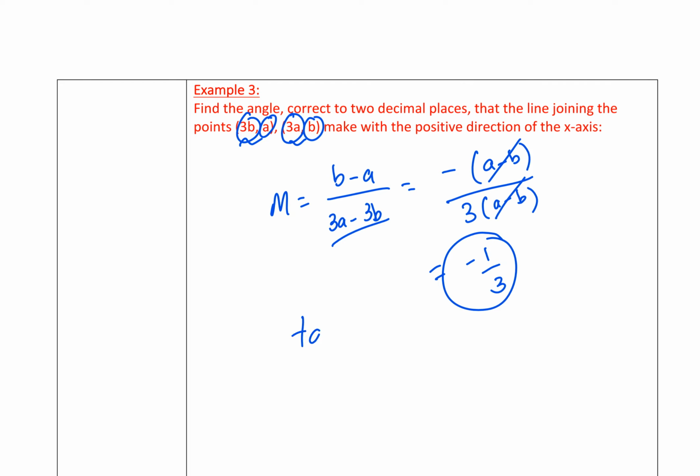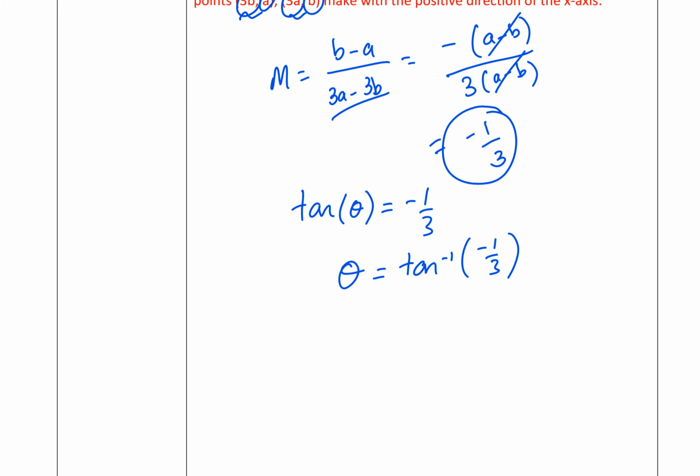So if tan theta is negative 1/3, then theta is the arctan of negative 1/3. Now notice that this is a negative gradient. So whatever answer I get here, I'm going to then need to do 180 minus that answer.